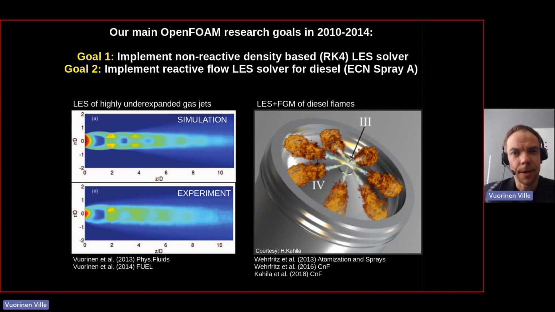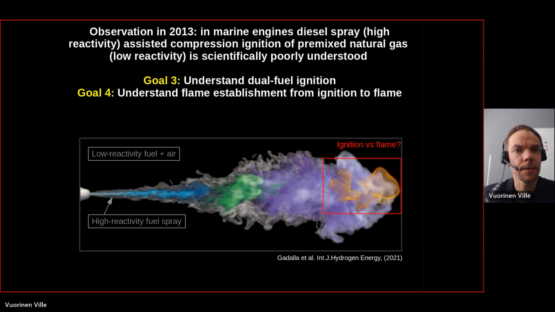In 2014, I became assistant professor, and in those years, somewhere between 2013 and 2014, we understood that in marine engines, diesel spray assisted compression ignition of premixed natural gas is scientifically poorly understood. So diesel spray has a high reactivity.